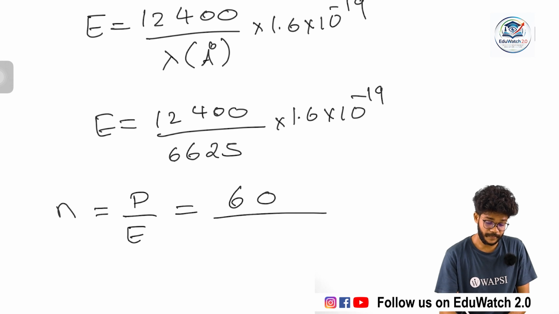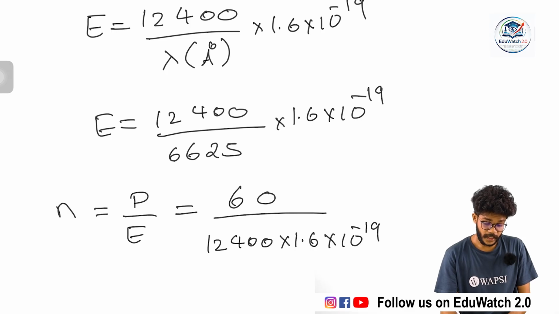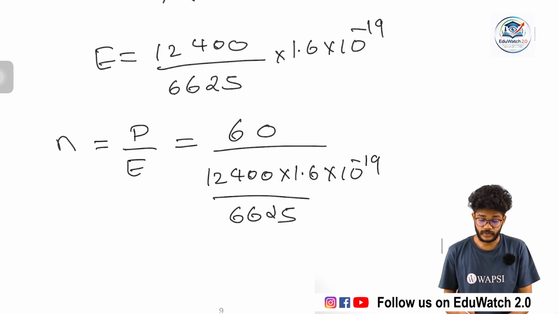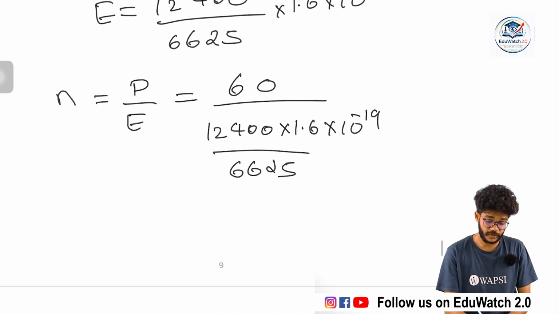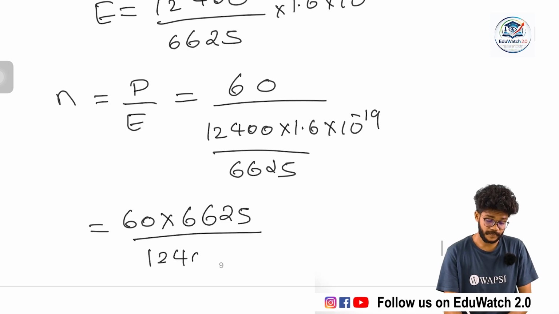So 60 by 12,400 into 1.6 into 10 raised to minus 19 by 6,625. So take the 6,625 to the numerator: 60 into 6,625 divided by 12,400 into 1.6 into 10 raised to minus 19.